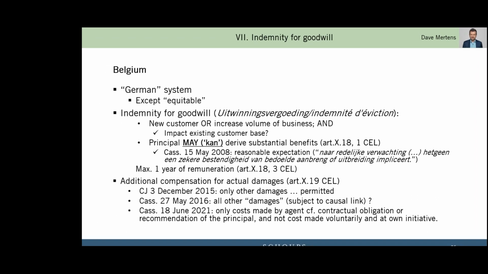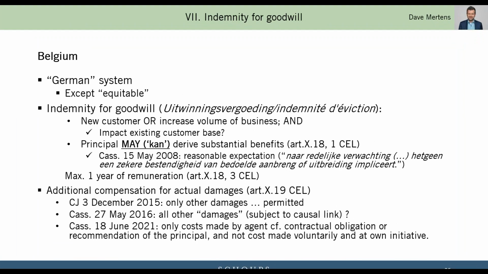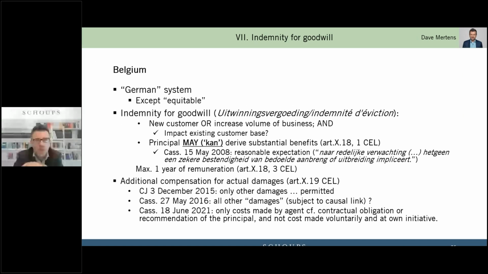German case law says that, as long as you stay below the 1 year, it can go down or up. If it's not equitable, for instance, because the agent is going to retire anyway, or he has managed to transfer a lot of that goodwill to his new principal, you can go down, but you can also go up. That condition of being equitable has not been transposed to Belgian law, which is a mistake the Belgian legislator made.